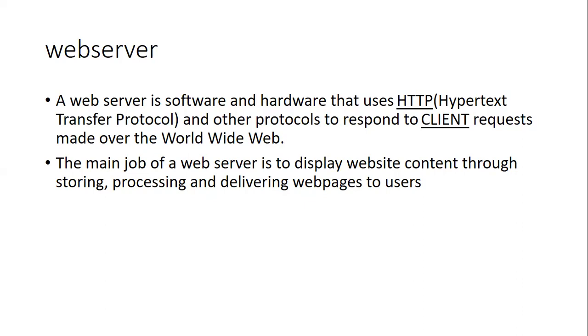When you type gmail.com, what exactly is happening? The web server takes the input of the address you have typed. According to the address, it fetches the details of that web page, and it will display the content in that web page. The main job of the web server is to display the website content, as I told earlier.